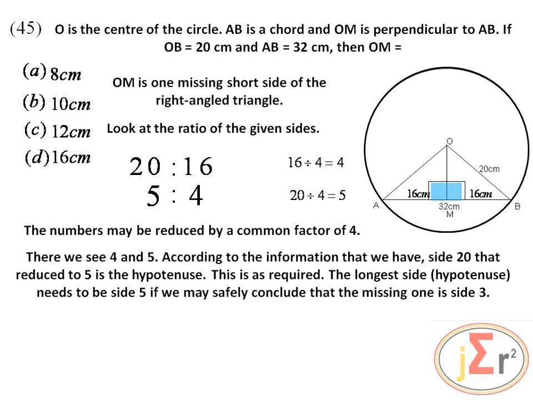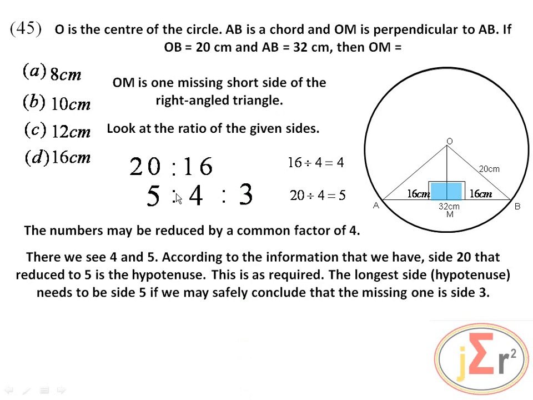The longest side, the hypotenuse, needs to be side 5 if we may safely conclude that the missing one is actually side 3. So there we have it. Side 3 is the one that is missing. We have 5, 4, 3, or 3, 4, 5.